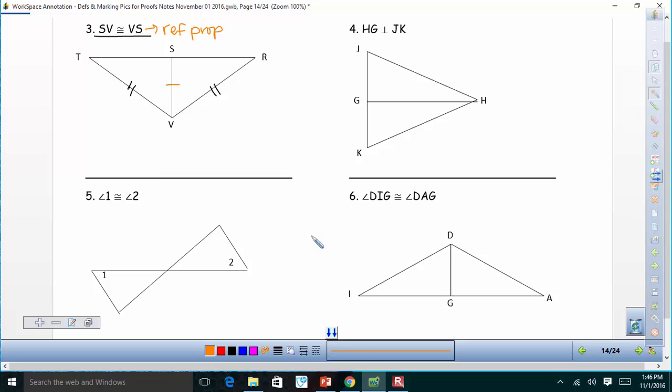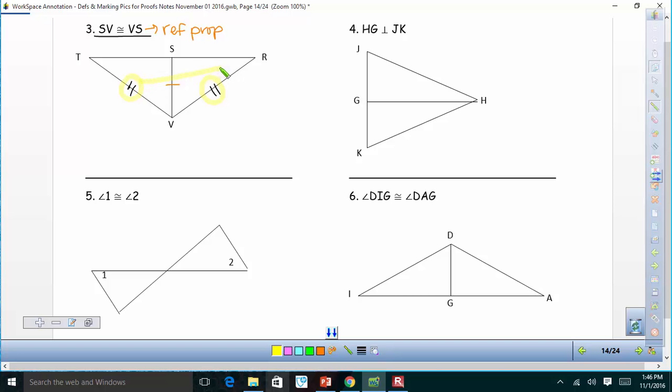Okay, now, if I have that these sides are congruent, what type of triangle does that mean that is? Isosceles. And what can I use if it's an isosceles triangle? Isosceles triangle theorem. So what does that tell me? The 2 angles opposite are congruent.